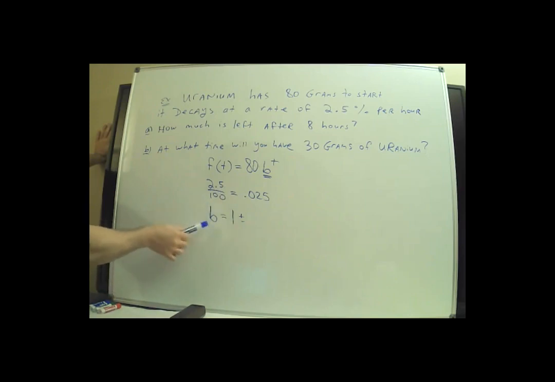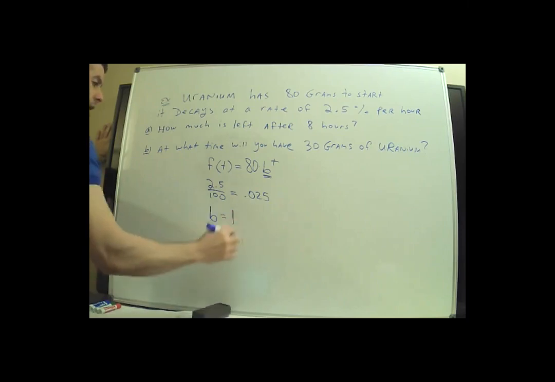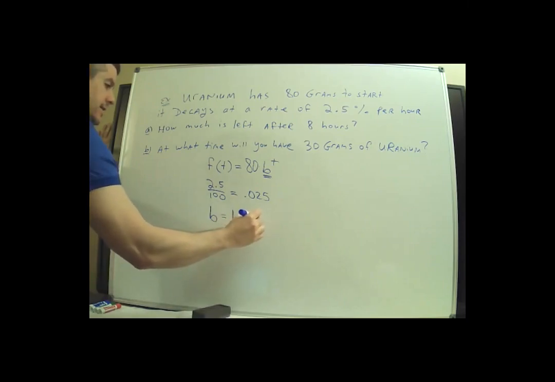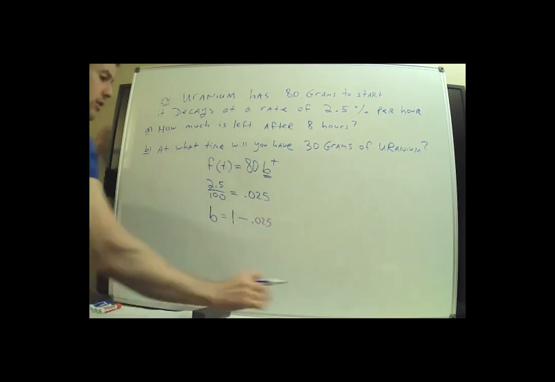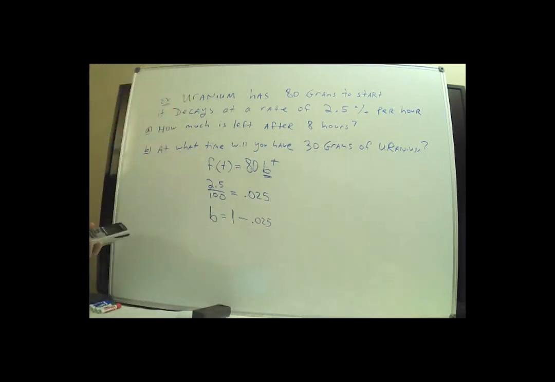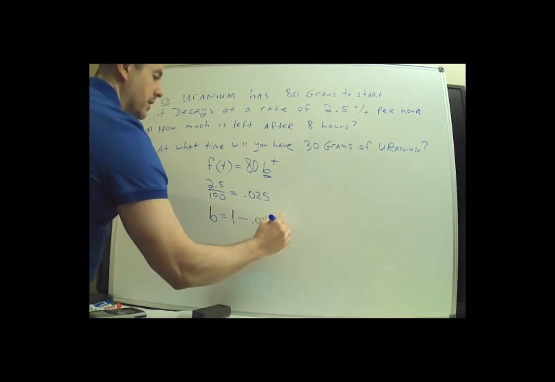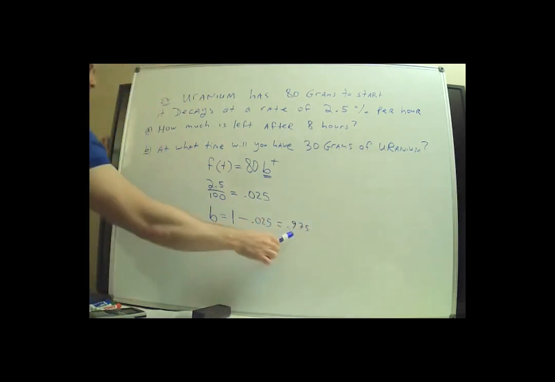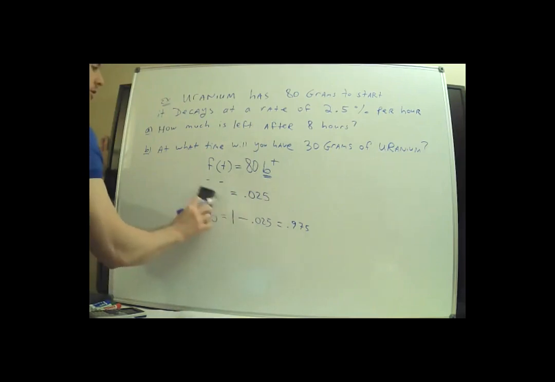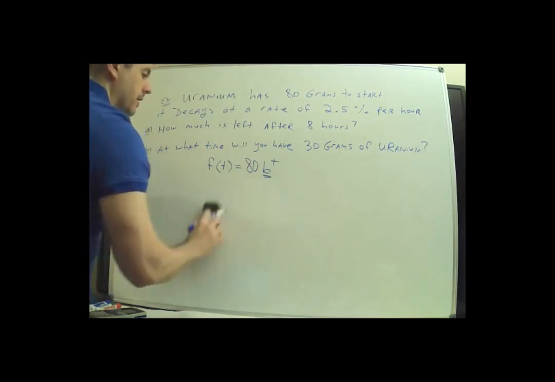B is the overall rate of change. Since I am decaying, I need to subtract 0.025. On the calculator, you take 1 minus 0.025, and you get 0.975. That's your B.